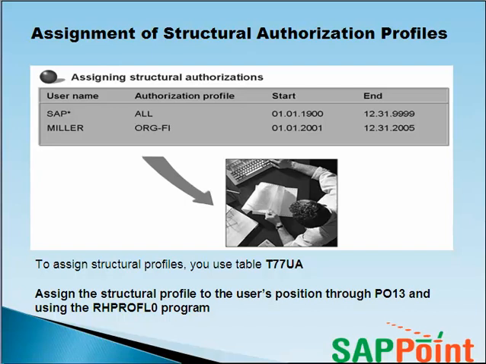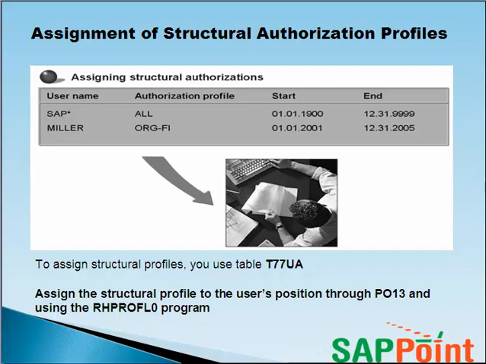But here you have an additional step. After using the info type 1017, you have to execute the program RHPROFL0 to make an entry in the table T77UA.